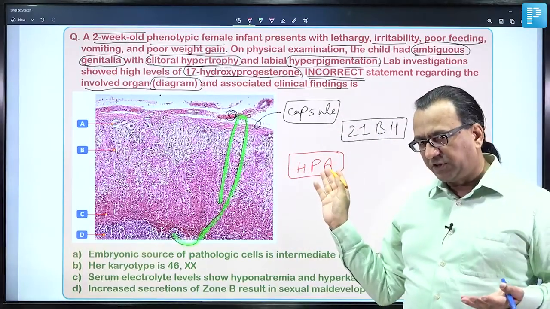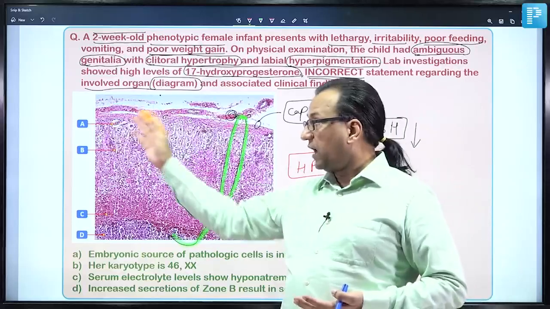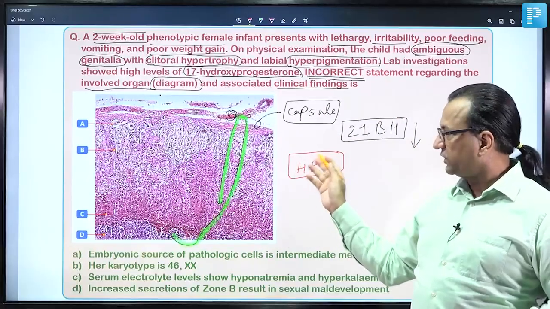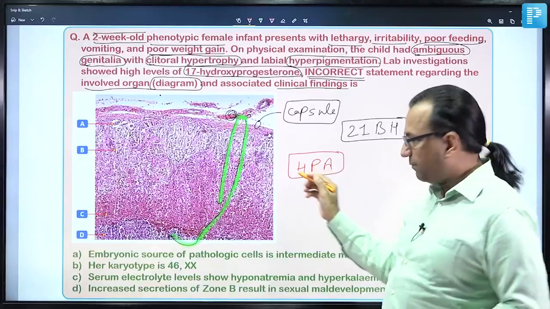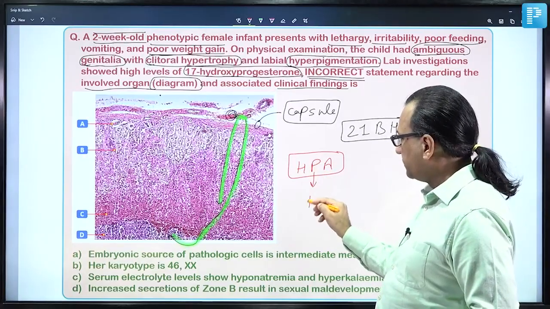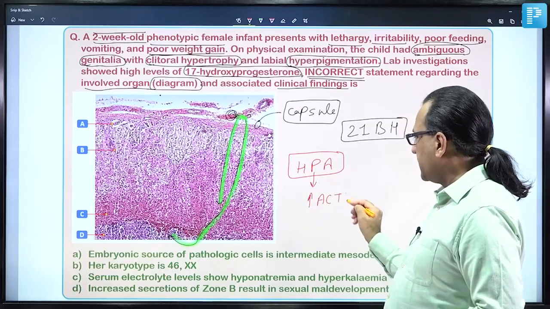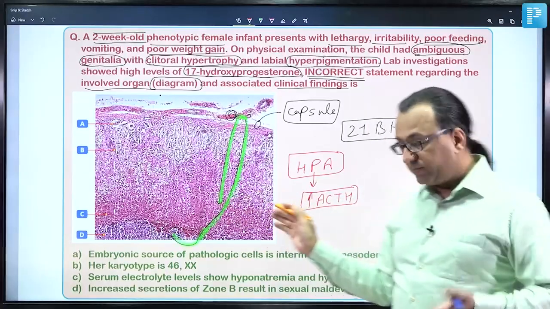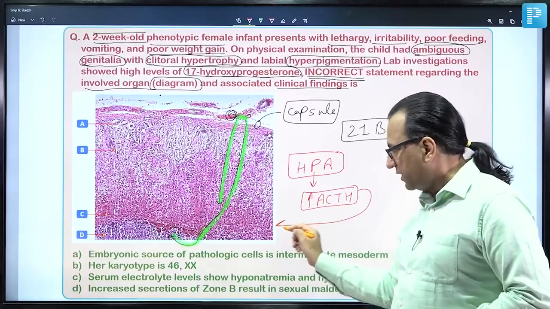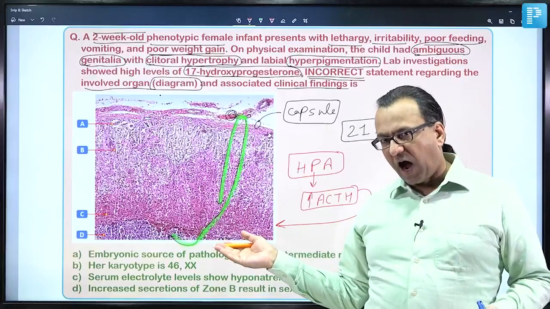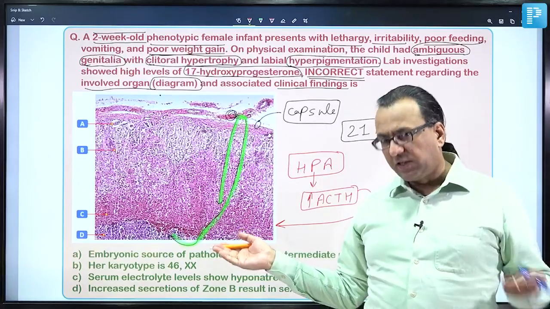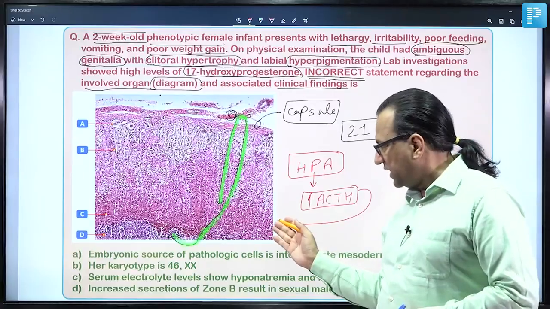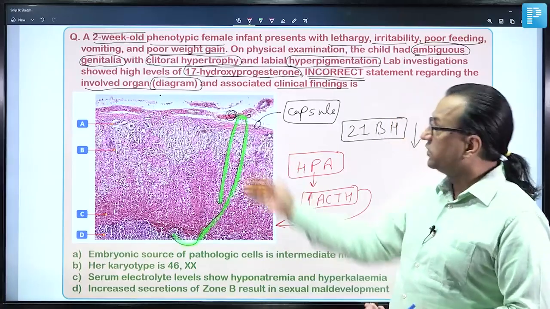Deficiency of aldosterone and cortisol will tell the hypothalamo-pituitary axis to become activated, and the pituitary will now be increasing the secretion of ACTH, adrenocorticotrophic hormone, which will then ask the adrenal gland to secrete more, causing adrenal hyperplasia. So congenital adrenal hyperplasia.